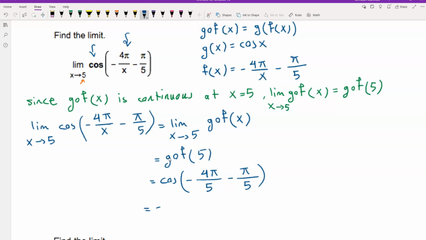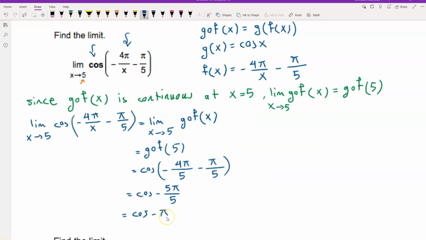So that is equal to cosine of negative 5 pi divided by 5. And that is cosine of negative pi, which is equal to cosine pi, and cosine pi is equal to negative 1. So here's our final answer.